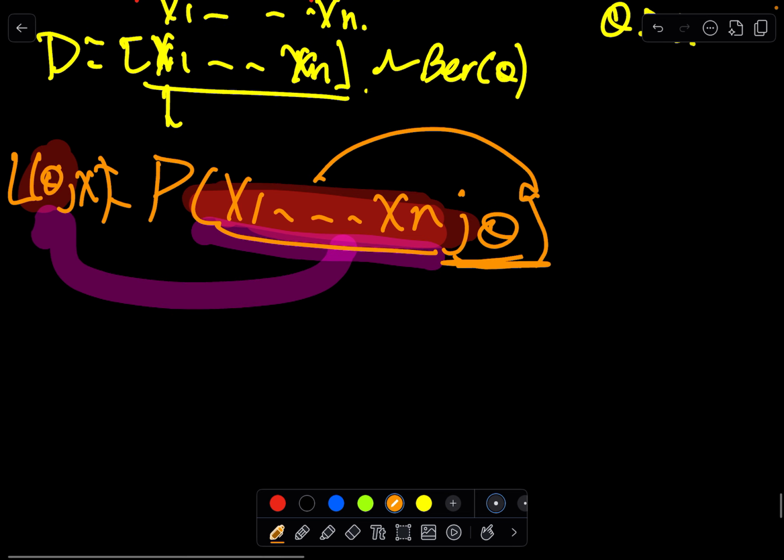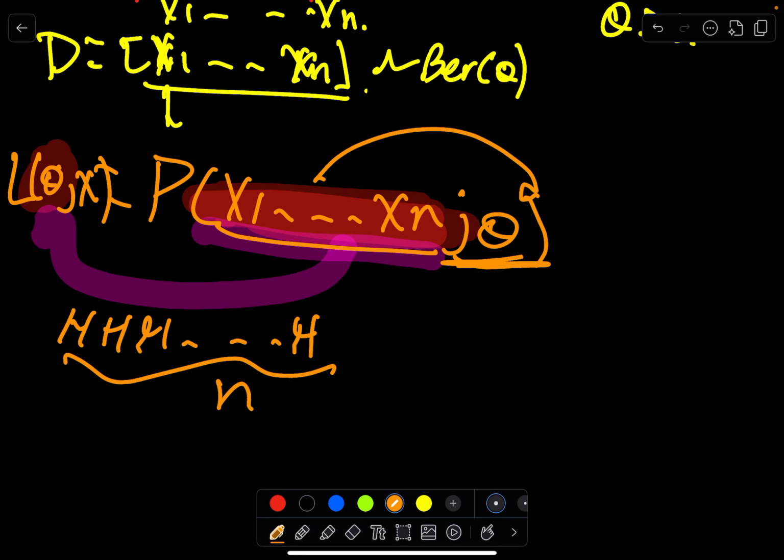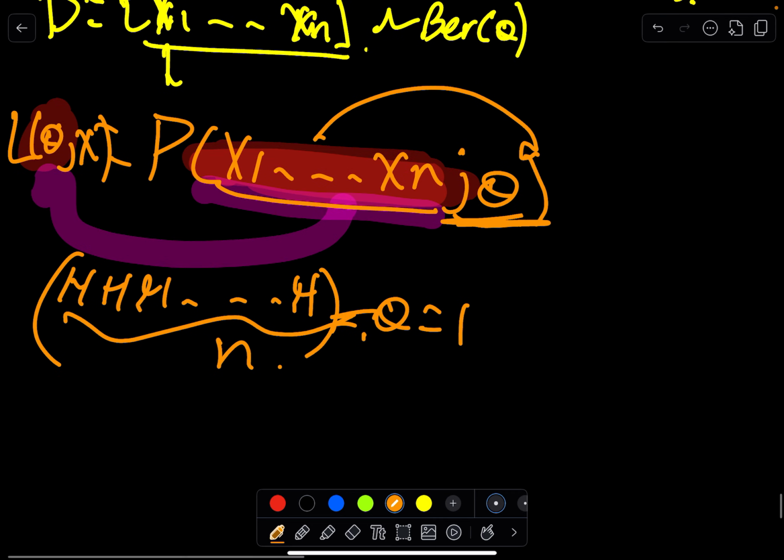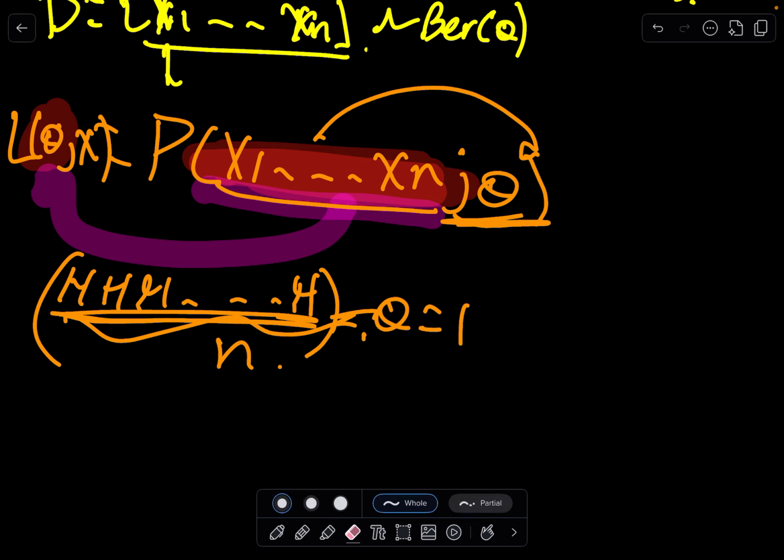As a very simple example, if our data was heads n times, the theta that would make this as likely as possible would be theta equals 1. Intuitively, if theta was 0.5, this wouldn't be very likely, but if theta was 1, this would occur with probability 1. That's the intuition.